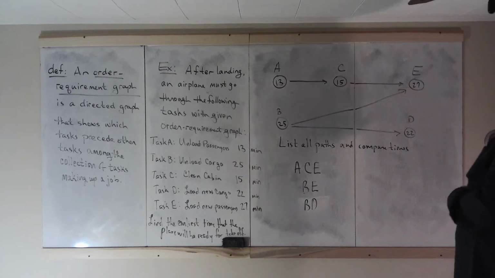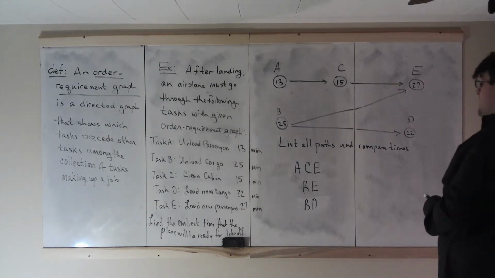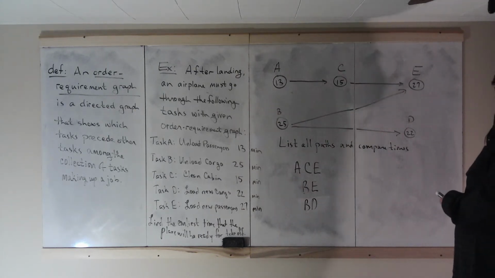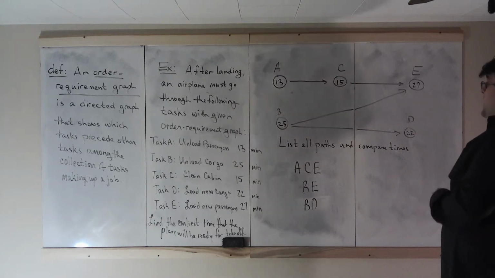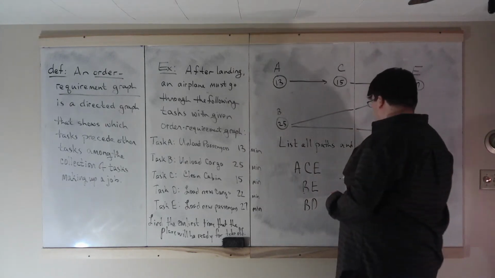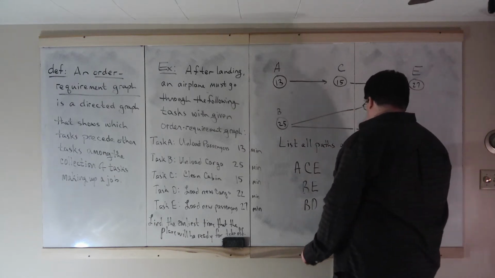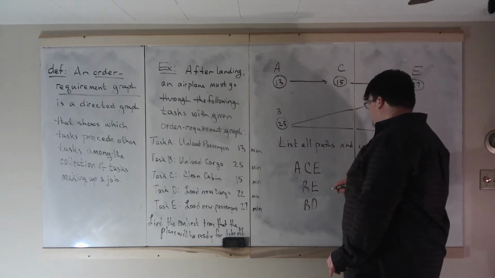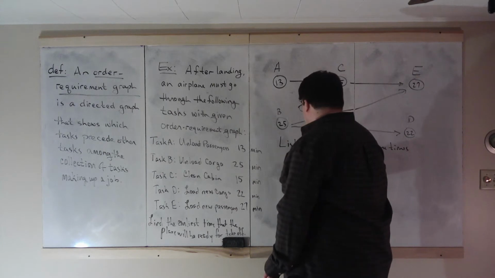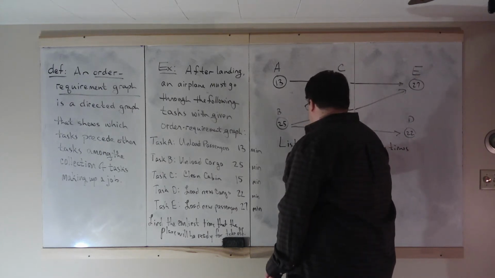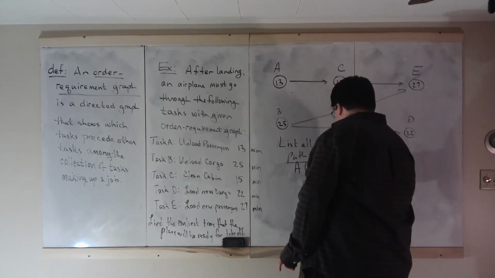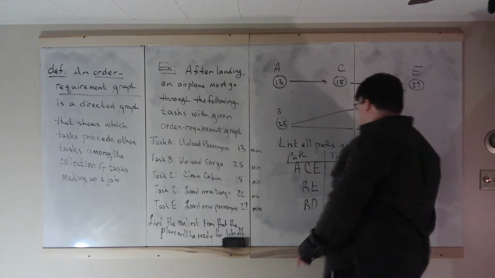Now we have to compare the times that these paths take. Maybe I should organize these in a chart. Yes, I will. I should label this as a chart, with path and time.